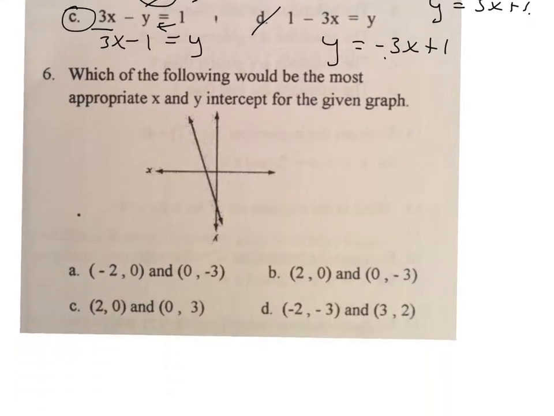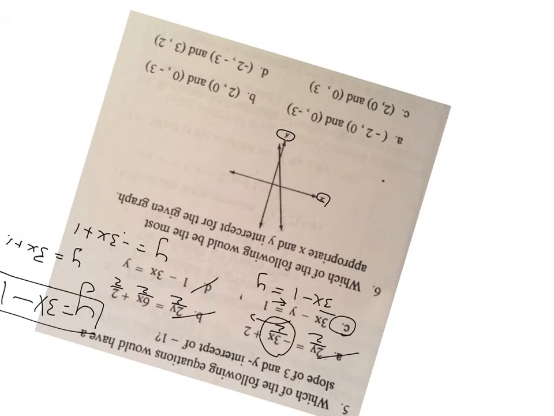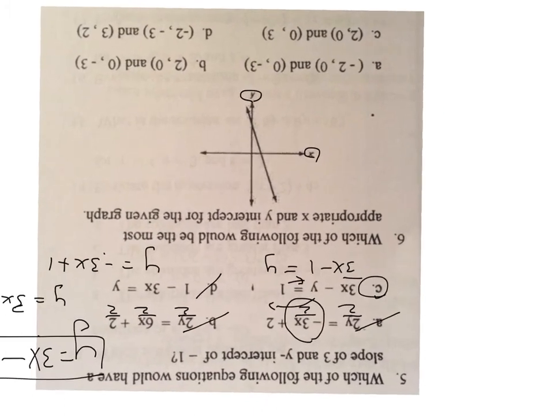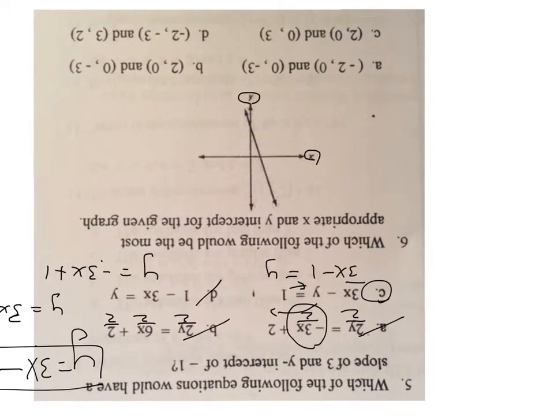On number 6, there's a little problem with this one. If you notice on number 6, y is down here, x is here, so this is actually upside down. So I'm going to flip this, and the question is, which of the following x and y intercepts are appropriate here? Well, if you look here, here's my y-intercept, so that's going to be like (0, 2), 3, or 4.